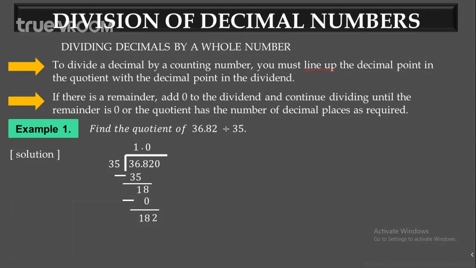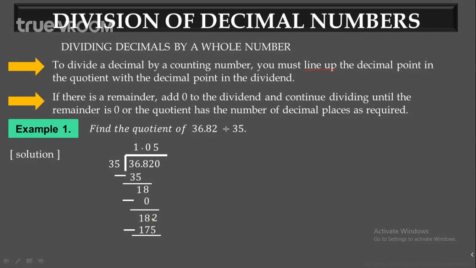How many? 5. Let's see. Very good. So what is 35 times 5? 175. All right. Next, subtract again. What is 182 minus 175?